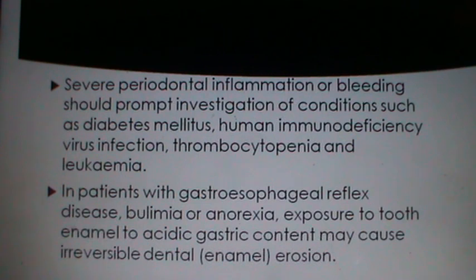In patients with gastroesophageal reflux disease, bulimia, or anorexia, the exposure of the tooth enamel, especially of the lower mandibular teeth, will result in erosion of the enamel. This is because of regurgitation of the gastric content, which mainly contains an acidic solution.